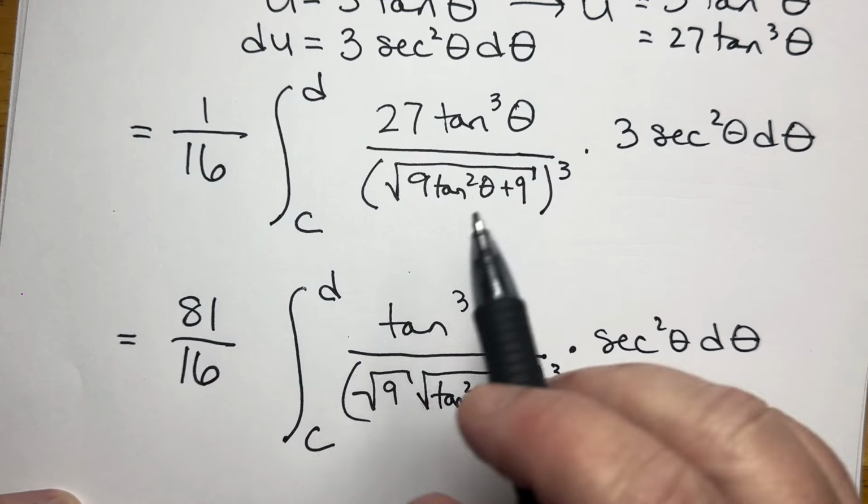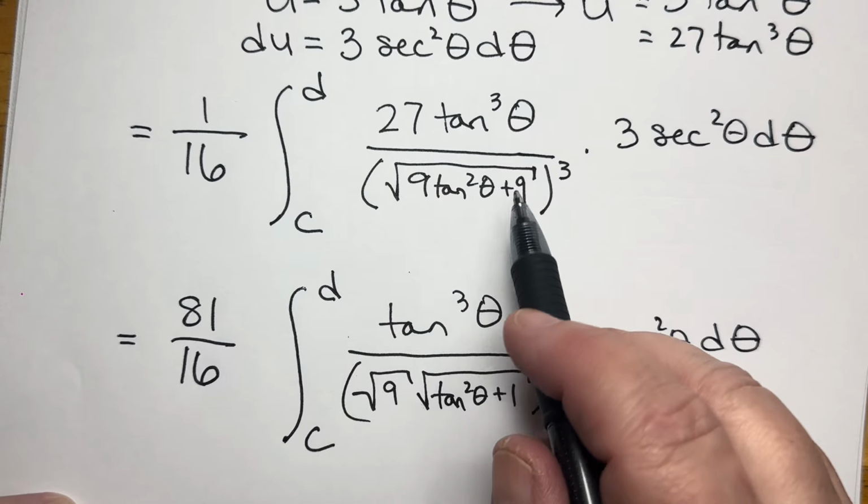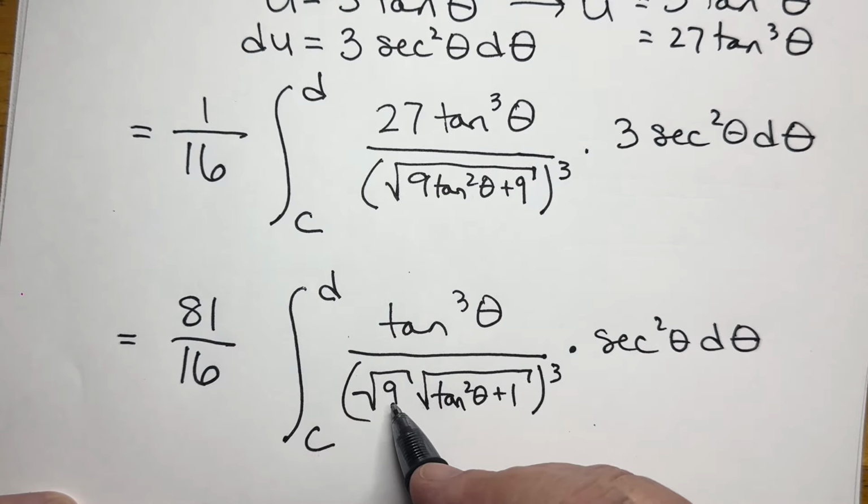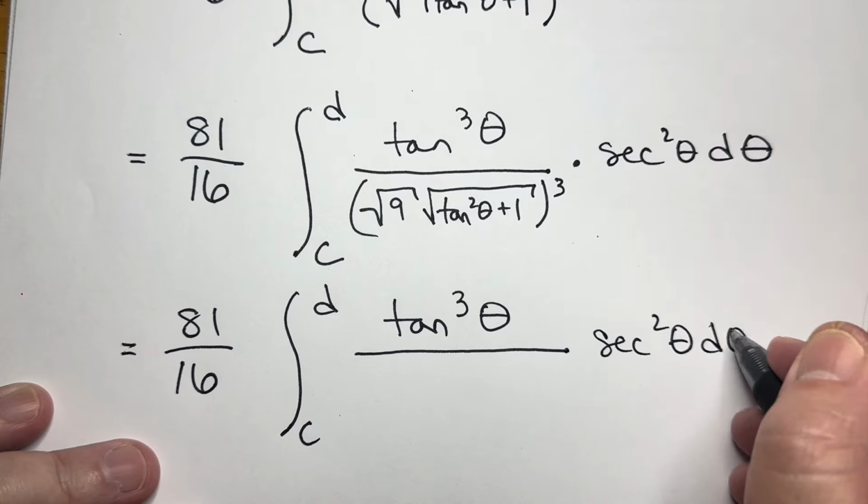Now take a look at that. I factored out a 9. If I factor out a 9, it's still inside a square root. So this is going to be 3. I'm going to have tangent cubed theta, secant squared theta d theta.